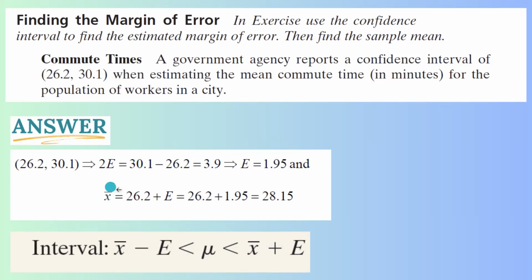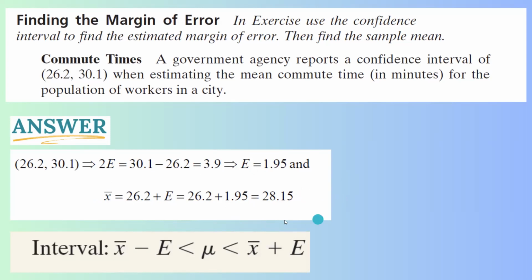But what is the sample mean? What's the average commute time of the sample? Well, since we have the distance, we can take the lower bound and add the distance to it, 26.2 plus the distance, which is about 28.15, is x bar, or the sample mean.